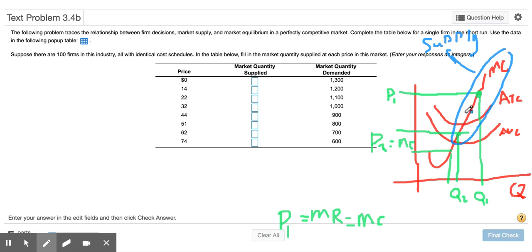So basically, marginal cost tells you what it costs you to produce one additional unit, right? So this is the cost of one additional unit in here.